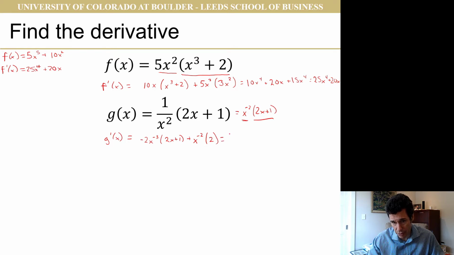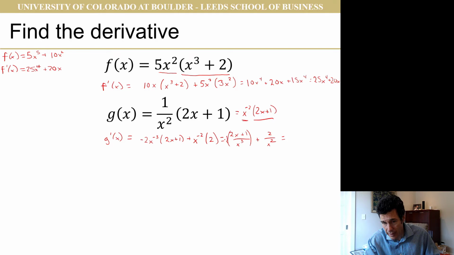So that's equal to negative 2 times 2x plus 1 over x cubed, plus 2 over x squared. I don't see that that's made anything particularly nicer. I guess I can see one thing in here.